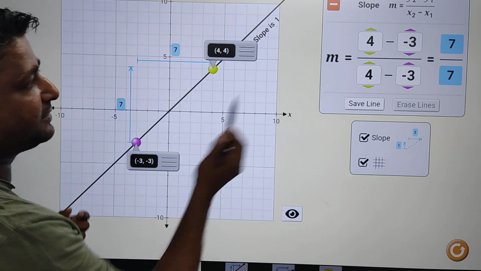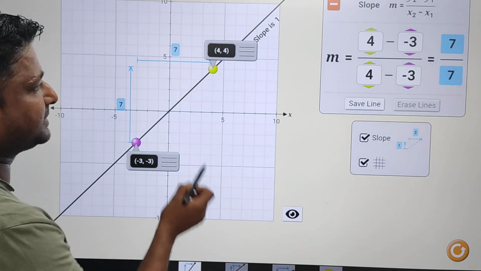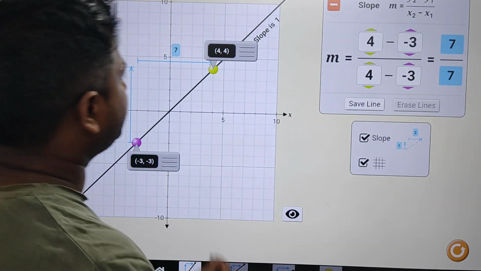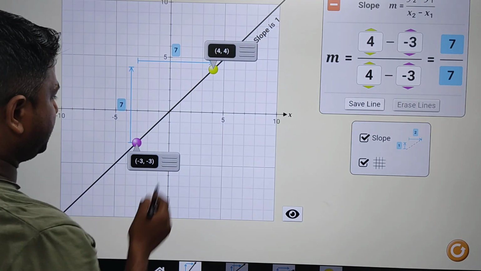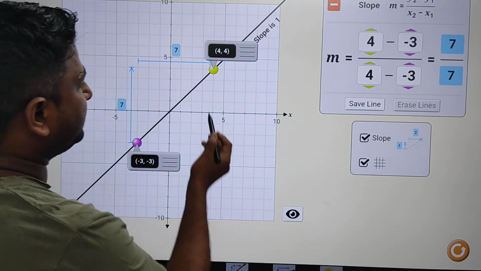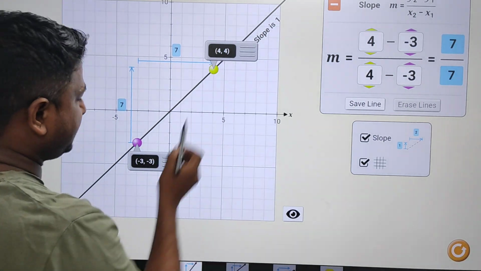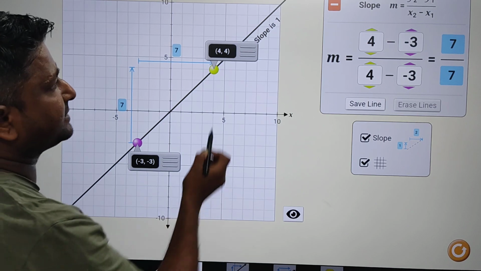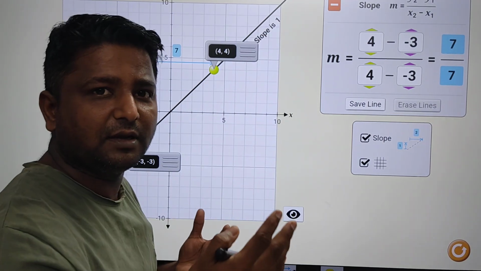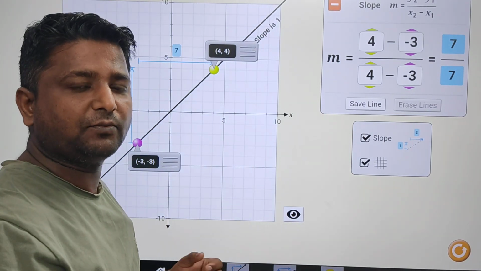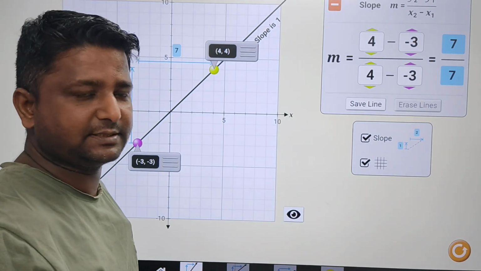Now observe their slopes. As you can clearly see, the equation of this line, is the value of x and y coordinate same? Yes. So the equation of line is y equals x. Whatever is x is same, y is same, right?